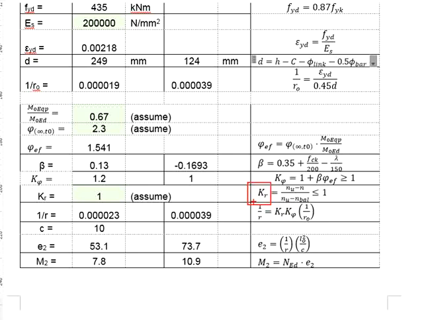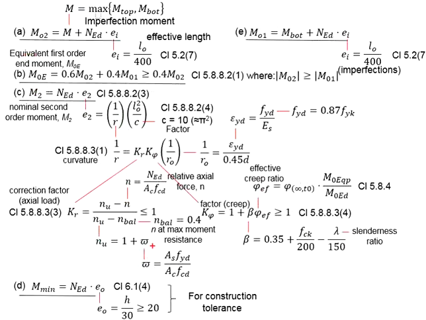The KR here is assumed as 1.0, since for the time being we do not have the AS. We will assume the KR first, later verify again once we have calculated the AS in the column.